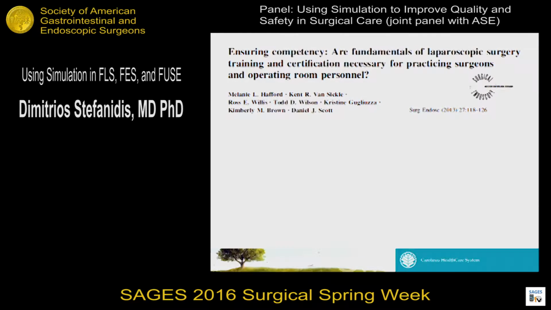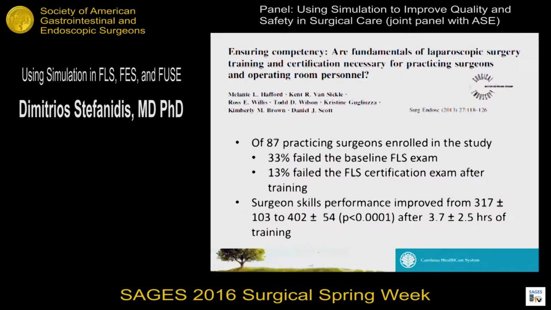I also pulled this paper because it demonstrates that when you put practicing surgeons this time through the FLS test, 1 out of 3 fail the exam, which is a little scary because these surgeons are using laparoscopy.